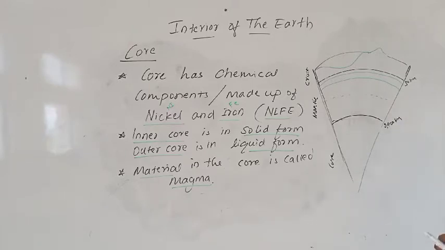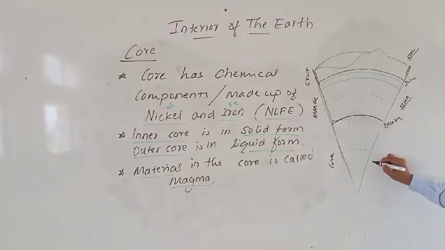So the next inner layer is the core. Core has two divisions: the outer core and inner core. This crust is made up of chemical components silica and aluminum. It's called as Sial. In the mantle, silica and magnesium, Sima.